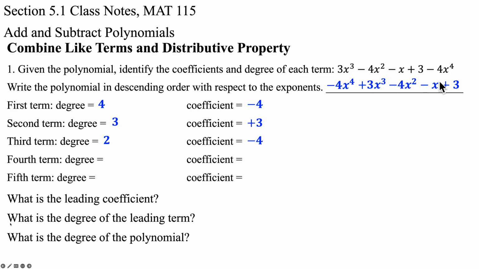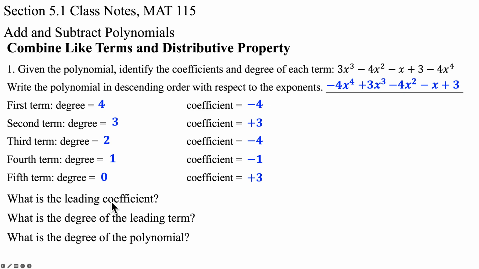The fourth term has a degree of 1. Just because there's no power there, we can put a 1 there. And same thing with being in the front, its coefficient is negative 1. The fifth term is a degree of 0. Its coefficient is 3. Seeing that there is no x to a power, we call it a degree of 0.